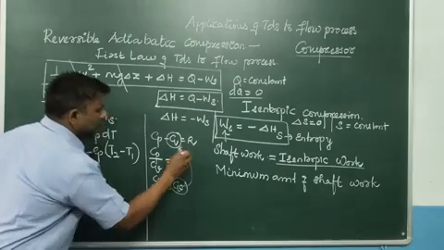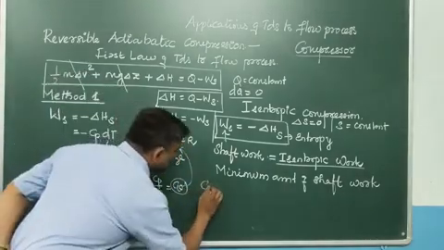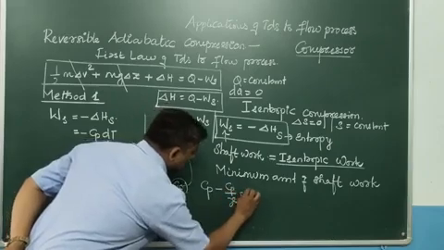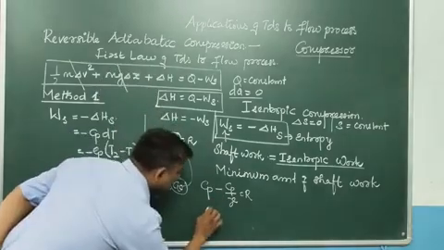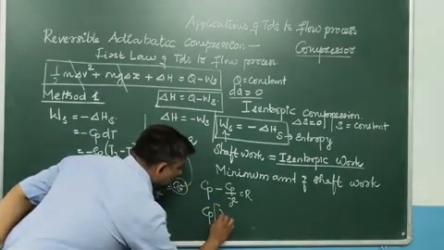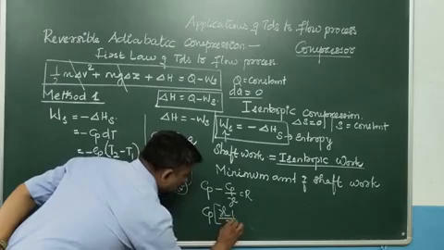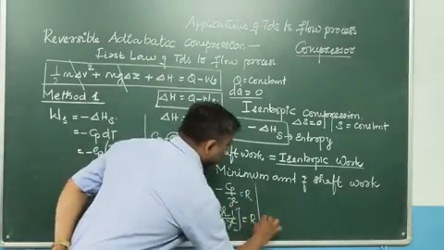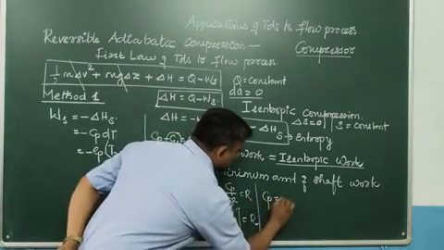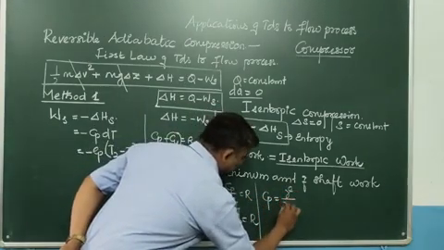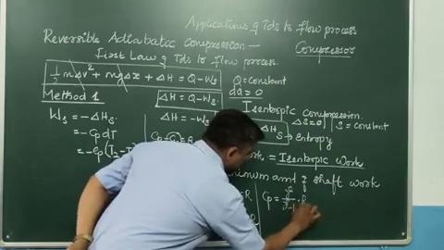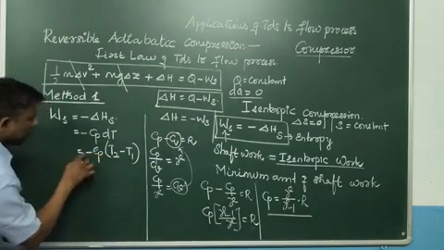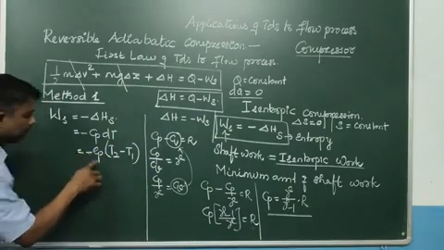Substitute this Cv here. So Cp minus Cp by gamma is equal to R. After rearranging this equation, Cp into gamma minus 1 divided by gamma is equal to R. This equation provides Cp is equal to gamma divided by gamma minus 1 into R. Substitute this in here.